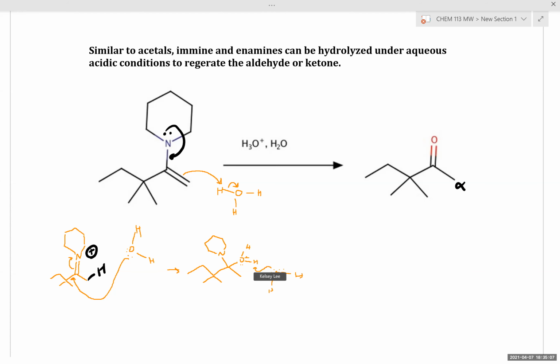So now that water has attacked our iminium ion carbon, we're going to deprotonate water. And now we still have to activate our amine as a leaving group. Would anyone have a suggestion? How do we activate our amine as a leaving group?